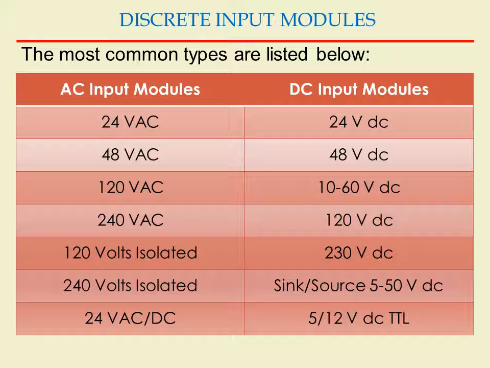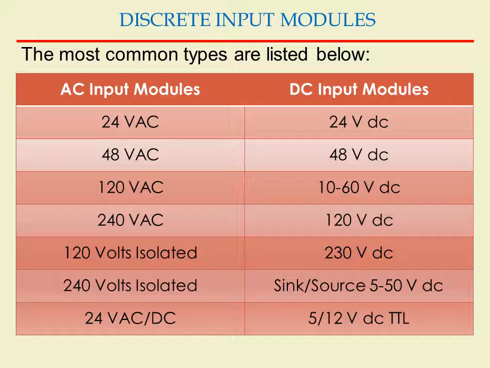AC input modules having the input voltage 24 volt AC or 48 volt AC or 120 or 240 volt AC, and then 120 volts isolated, 240 volt isolated, 24 volt AC or DC.